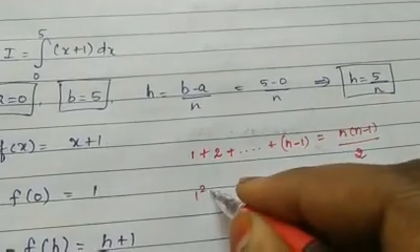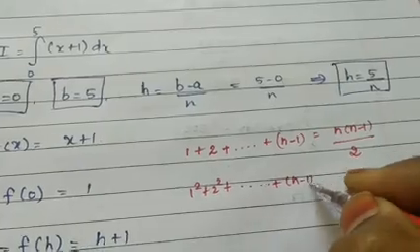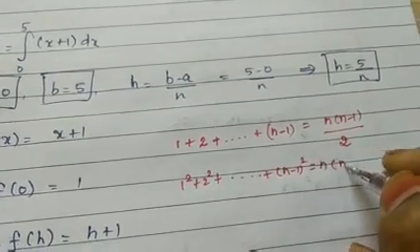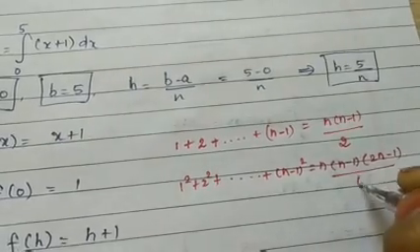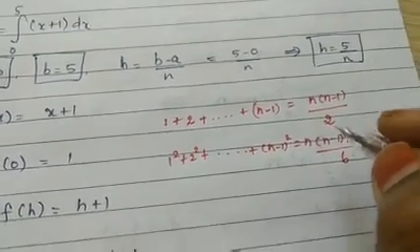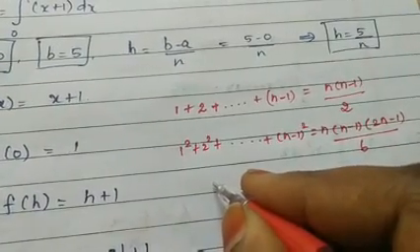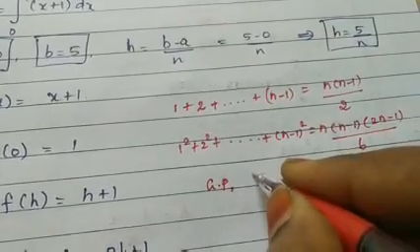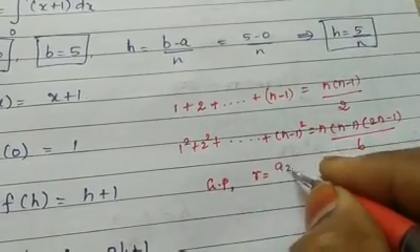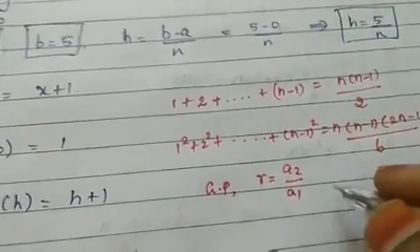The next one, 1 squared plus 2 squared up to n minus 1 the whole squared is n into n minus 1 into 2n minus 1 divided by 6. For cubic, we won't be applying here. And one more thing, the sum of the series, GP. When will you say it's GP? When the ratios, that is second term divided by first term and the third term divided by second term, are the same.